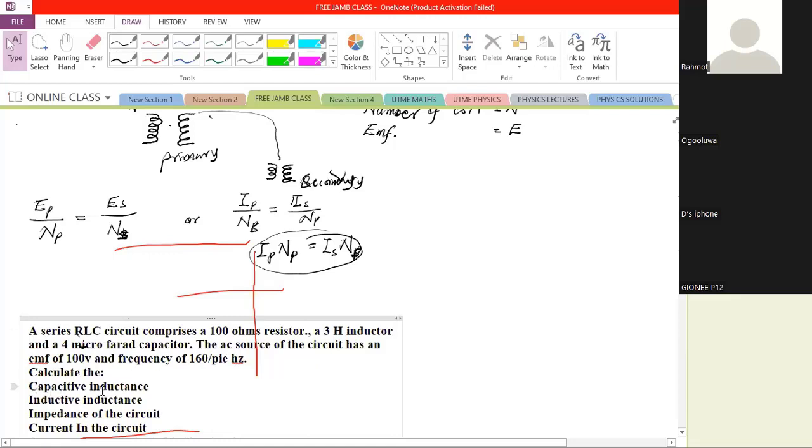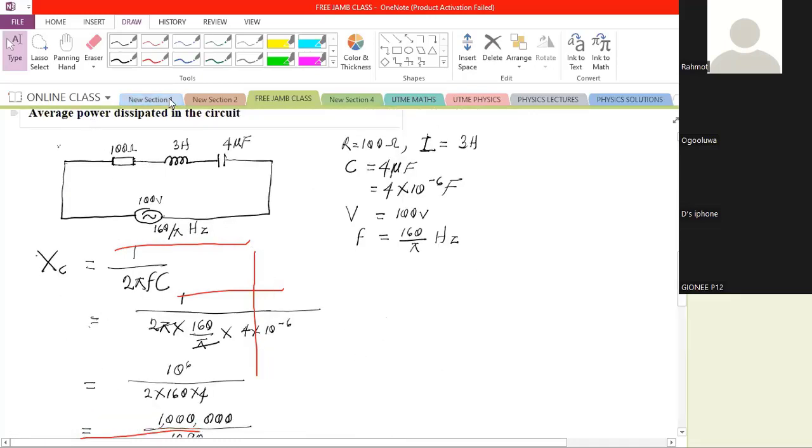Calculate the capacitive reactance, inductive reactance, impedance of the circuit, current in the circuit, and average power dissipated in the circuit. You can see the diagram here: the resistor, the inductor, the capacitor, the source, 100 volts, and the frequency.